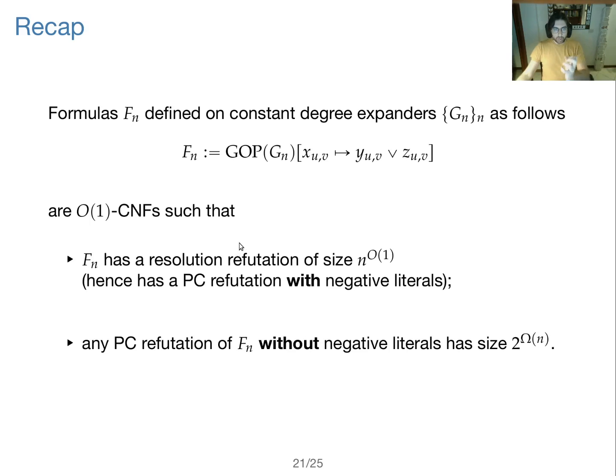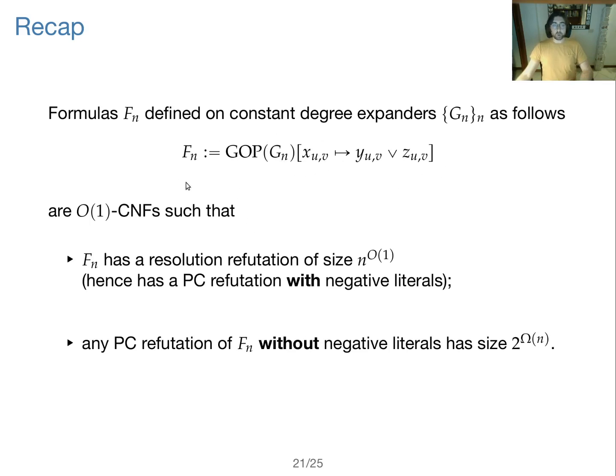So to recap, we define the formula Fn by taking a family of constant degree expanders. We build the graph ordering principle formula on those expanders, and we apply the lifting.